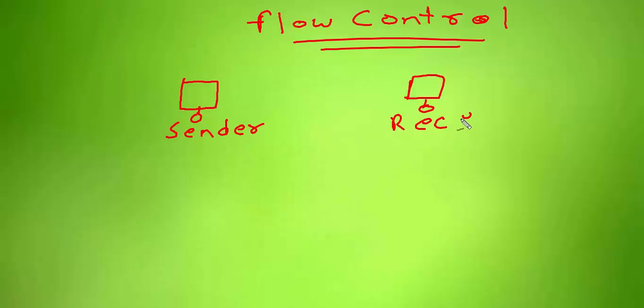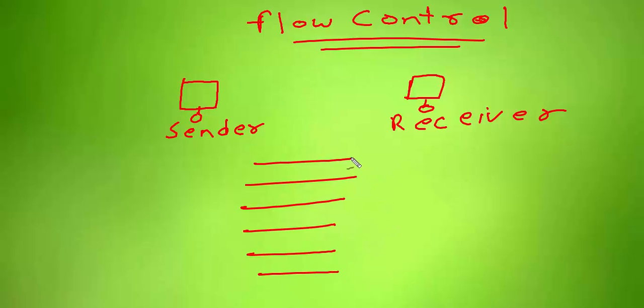So let's say this is a PC, two systems. This is a sender and this is a receiver. You cannot just transfer data over and over and over.